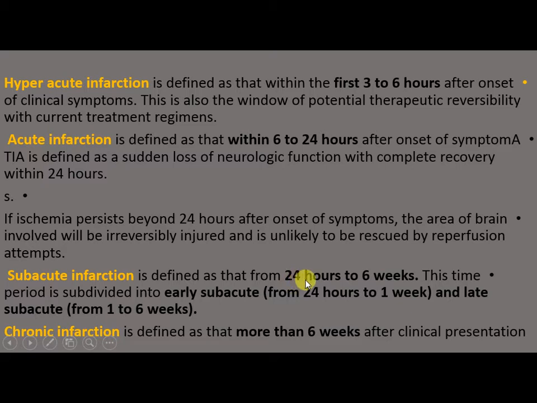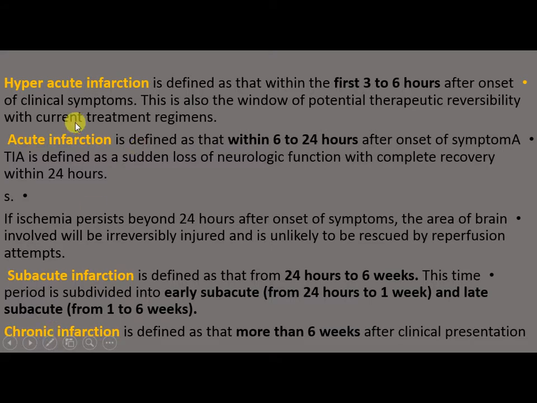Subacute is from 24 hours to 6 weeks, but it is divided into early subacute, usually from 24 hours to 1 week, and late subacute from 1 to 6 weeks. After 6 weeks, it is regarded as chronic infarction.